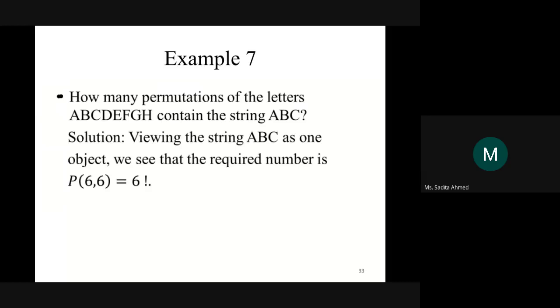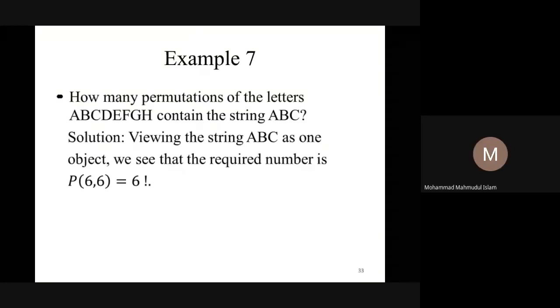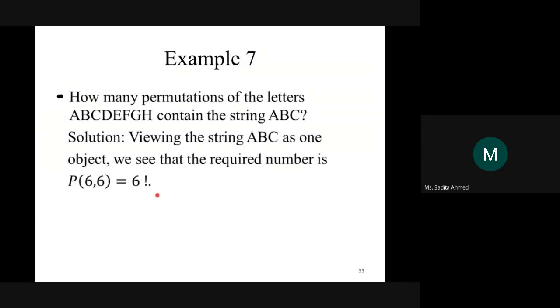Does it make sense, guys? Yes, ma'am. All right. What if you were asked to count 3-permutations for the same problem? Instead of counting all possible permutations, you were asked how many 3-permutations of the letters A, B, C, D, E, F, G, H contain the string ABC?